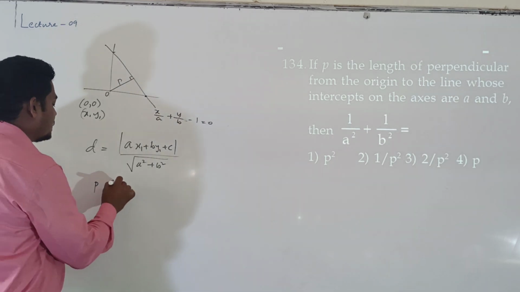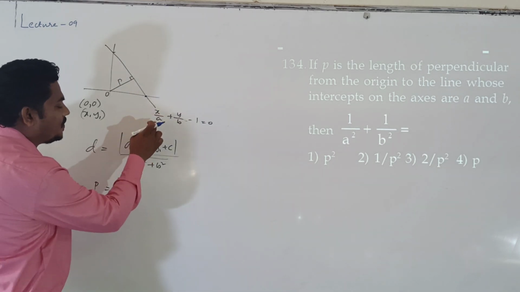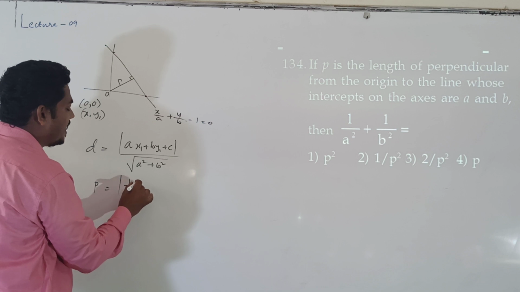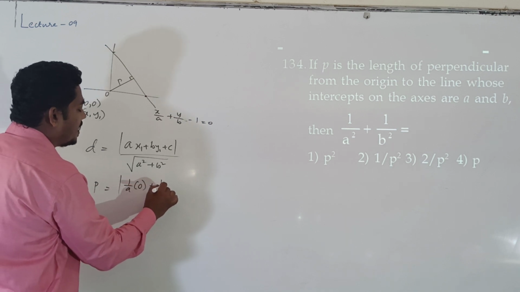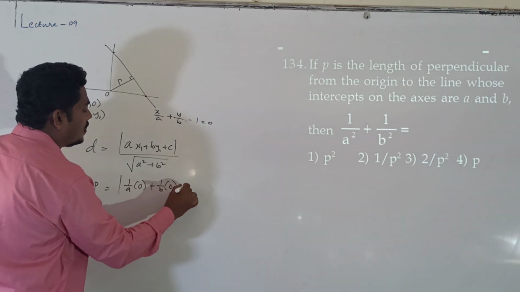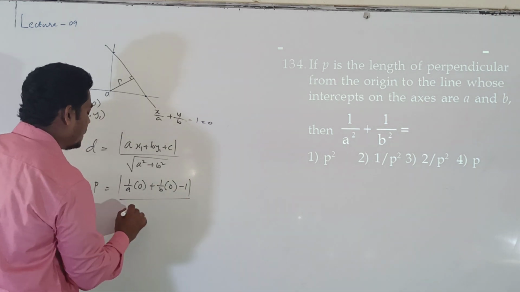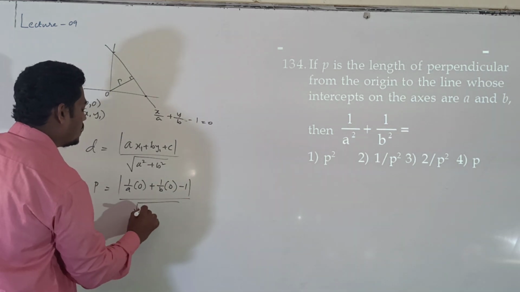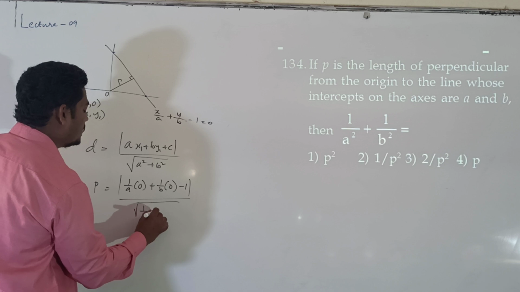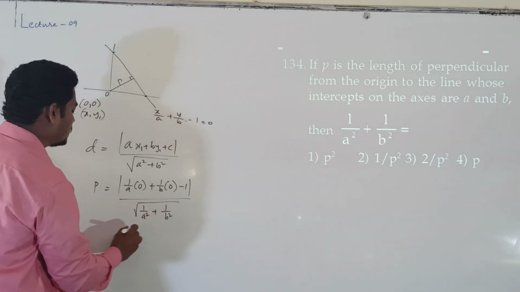Then in this case what is a value? Coefficient of x, that is 1 divided by a into 0 plus 1 divided by b into 0 minus 1 divided by square root of 1 divided by a whole square plus 1 divided by b whole square.